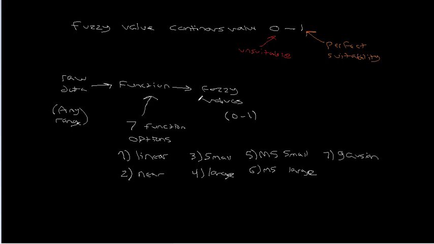Now, we're going to be talking a lot about these functions. And again, these are mathematical functions. They take in an input and they spit out an output. In particular, they're going to rescale from whatever range we had to 0 to 1.